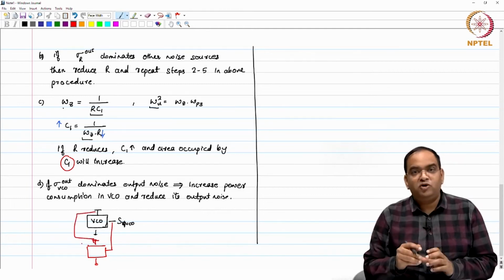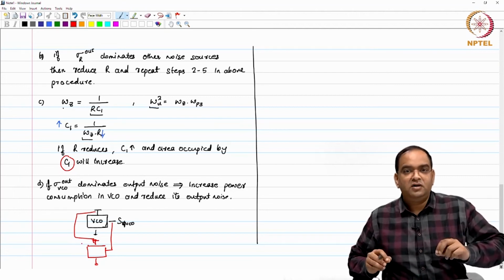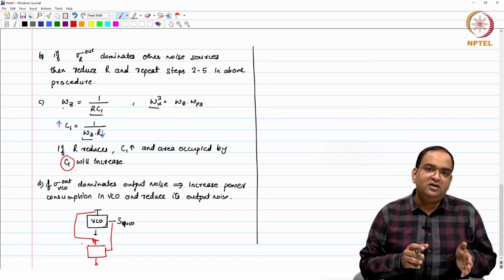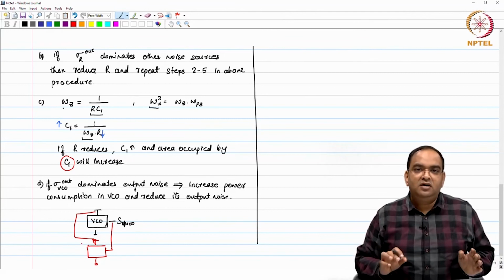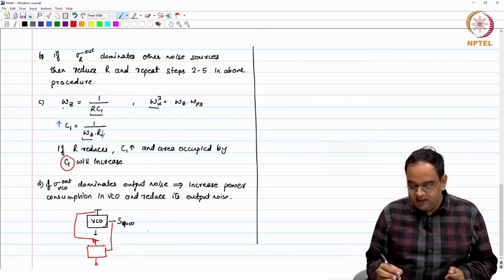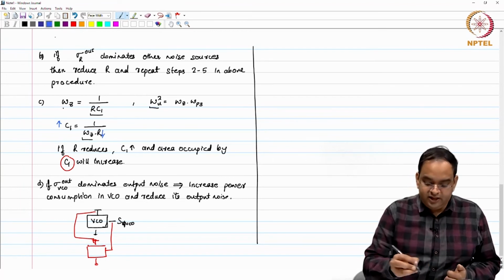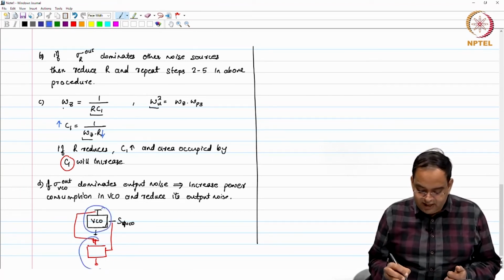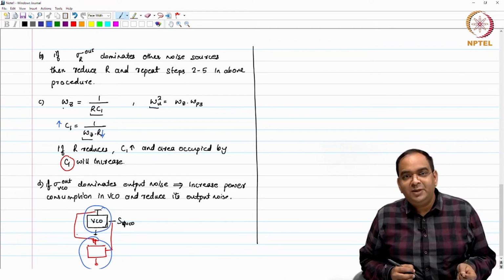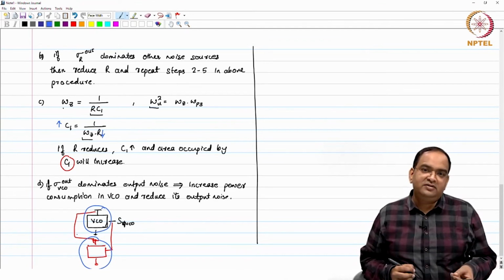Connecting them node to node means each component of the original design in the oscillator is doubled. Each of these oscillators was oscillating independently earlier at the desired frequency and they will have the same noise.